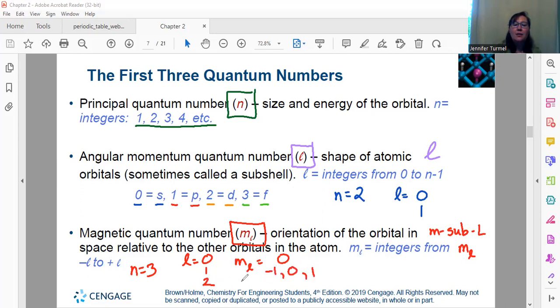When L is 2, our M sub L values are negative 2, negative 1, 0, 1, and 2. And you could keep going with this, and 4, and 5, and 6. And you'll see that there's just these different possibilities of what they are. And in a little while, I'm going to show you what that means in terms of their spatial orientations.